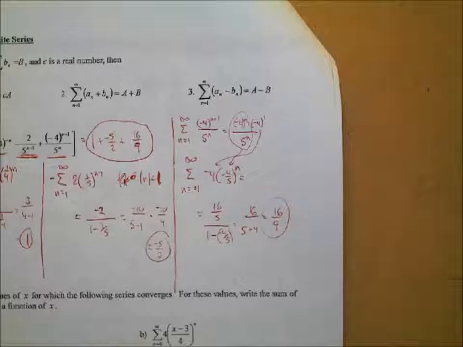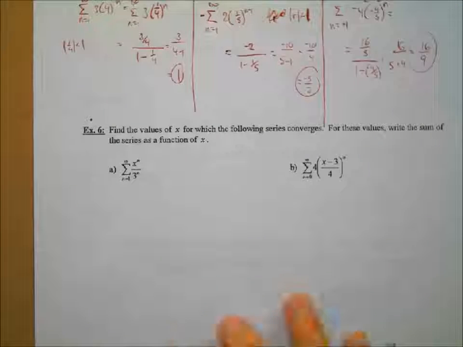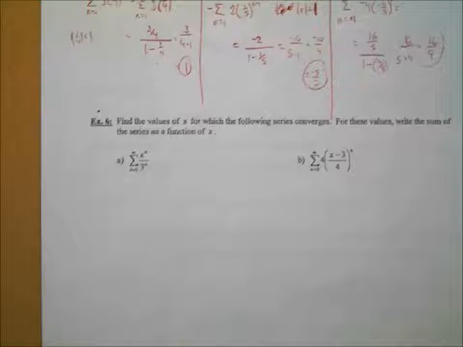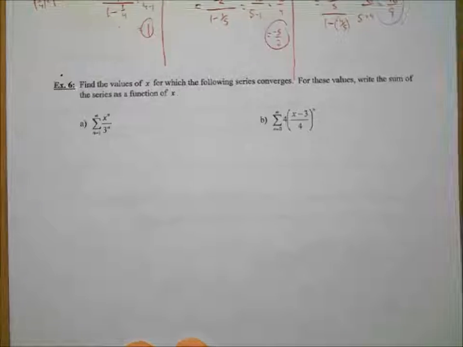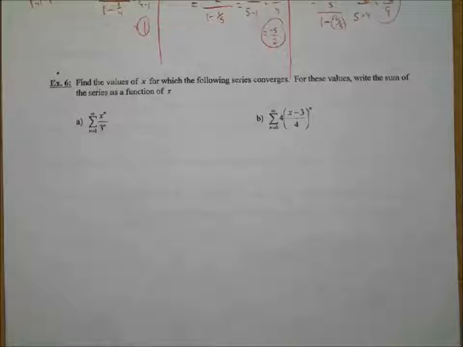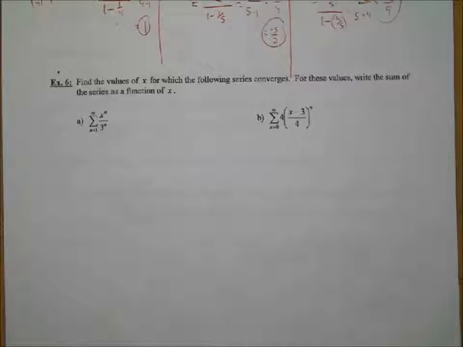So anyway, let's jump then to example 6, and here's that question I was talking about that we had in the homework that we hadn't gone over yet, but here's one like that as well in case you had some difficulty. So again, the directions here are a little bit different. It says find the values of x for which the following series converges. For these values, then write the sum of the series as a function of x.